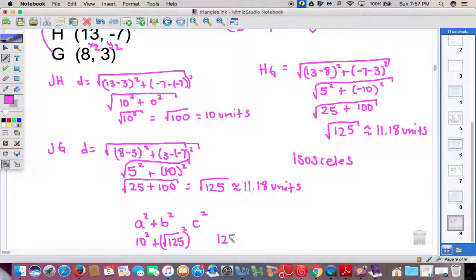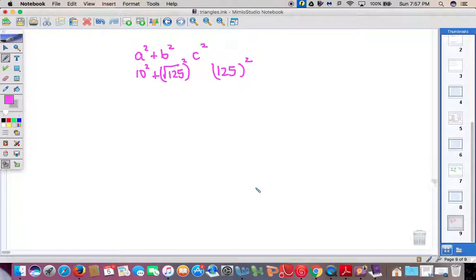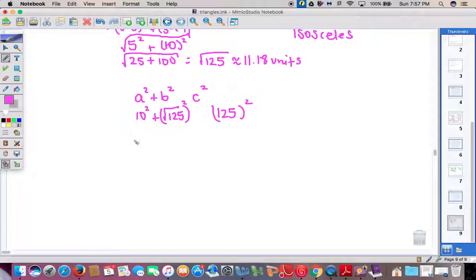And then how does that relate to the square root of 125? Well, 10 squared is 100, plus 125, equals 125 because this is the square root. Okay, so I've got 225 is greater than 125.